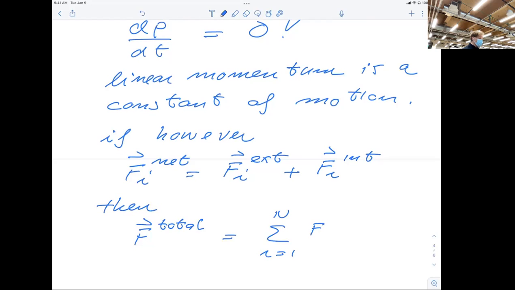So the internal forces would sum to 0, but these ones would not be summing to 0 unless you have a special force which sums to 0.